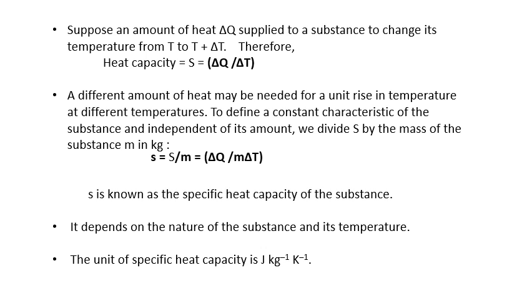So small s is capital S divided by m, meaning delta Q divided by m into delta T. This s is known as the specific heat capacity of the substance, which depends upon the nature of the substance and its temperature, and the unit is joule per kilogram per Kelvin.